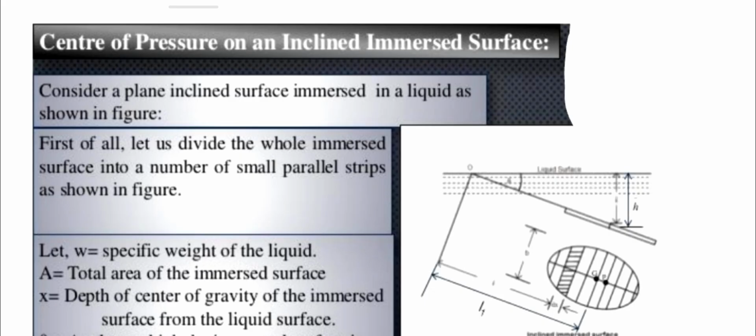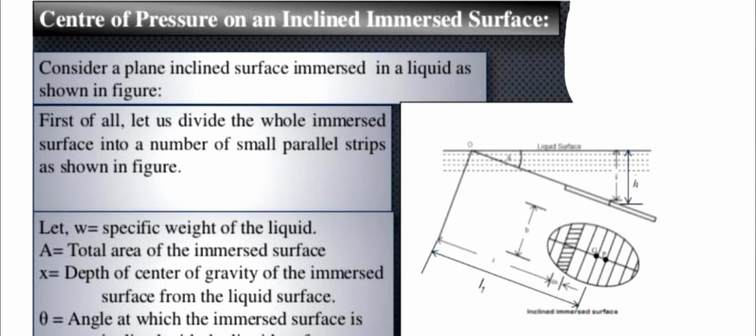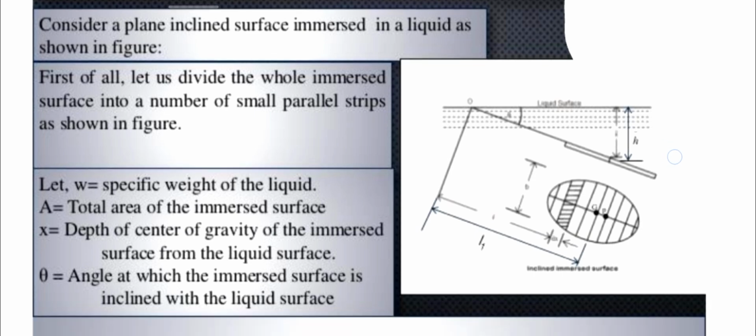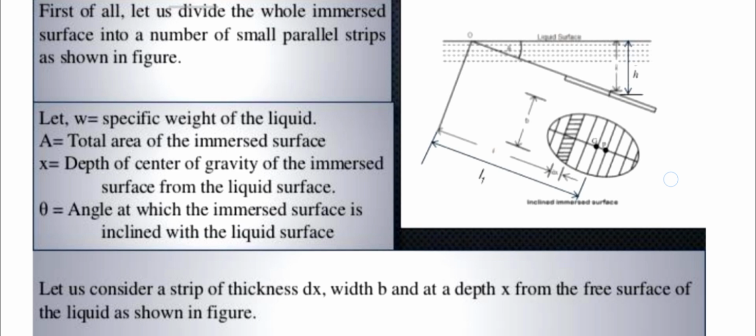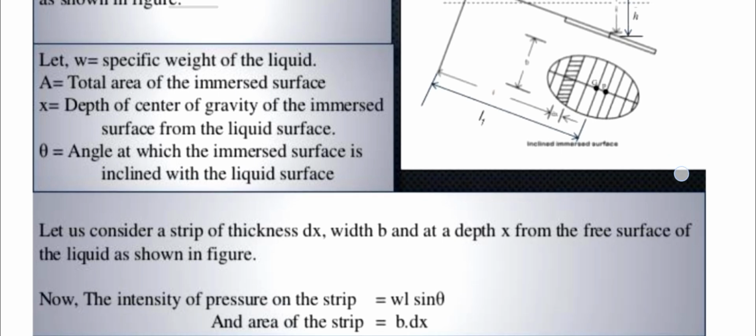Center of pressure on an inclined immersed surface. Consider a plane inclined surface immersed in a liquid as shown in the figure. First of all, let us divide the whole immersed surface into a number of small parallel strips as shown in the figure.